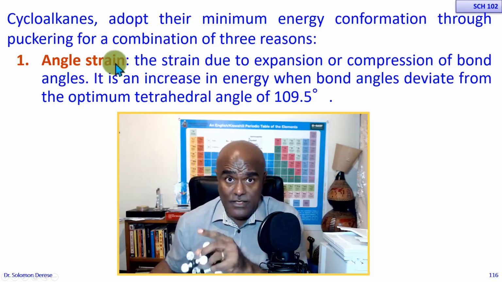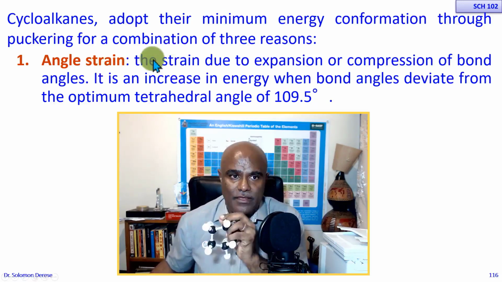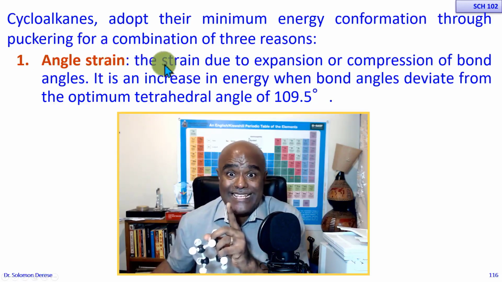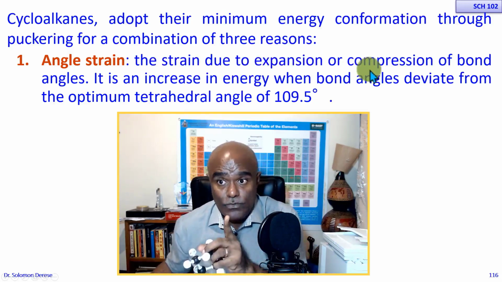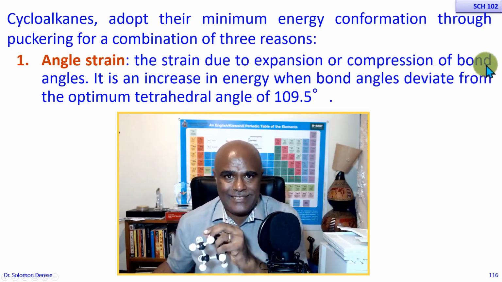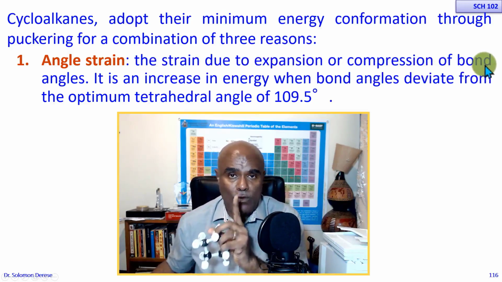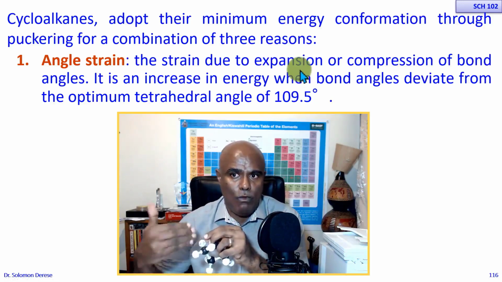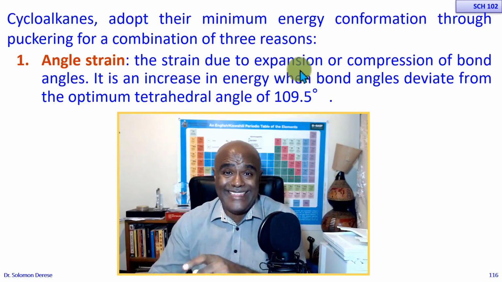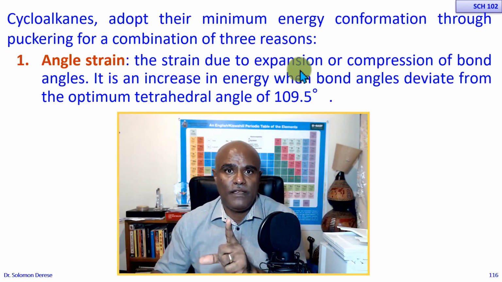One of the reasons why the ring is going to be unstable is because of angle strain. The strain due to expansion or compression of bond angles from the ideal 109.5. Expansion being more than 109.5 degrees and compression being less than 109.5 degrees.